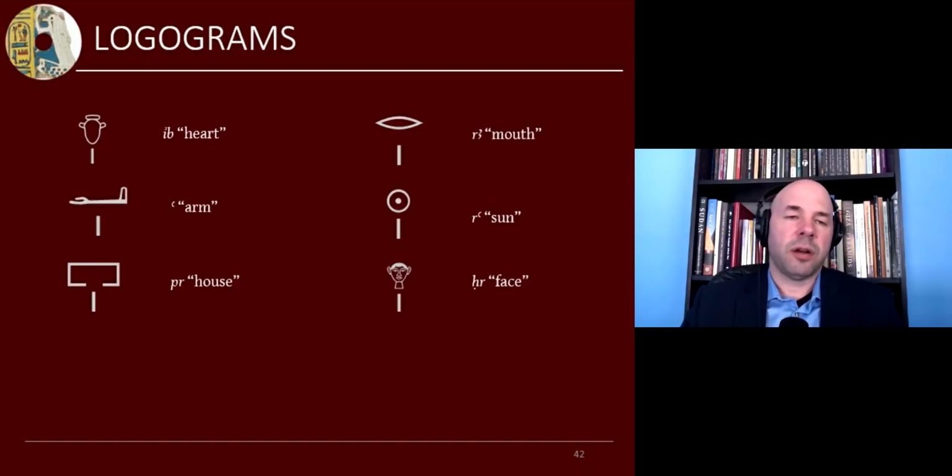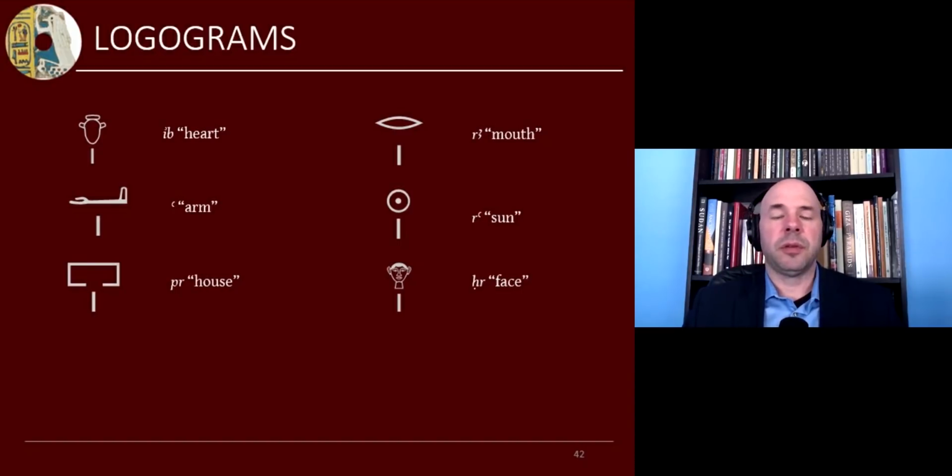These logograms are often, but not always, used with the stroke. So the stroke underneath it is sort of just to tell you, hey, this is a logogram. So the heart here, you would read ib, the Egyptian word for heart. Underneath that, the arm, you would just read aa, the Egyptian word for arm, the house sign, per for house, and etc.